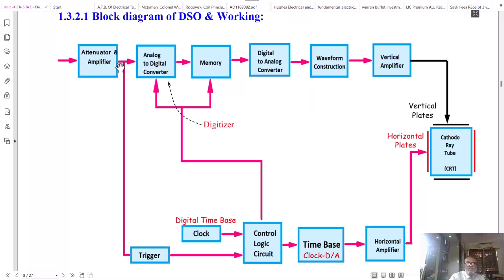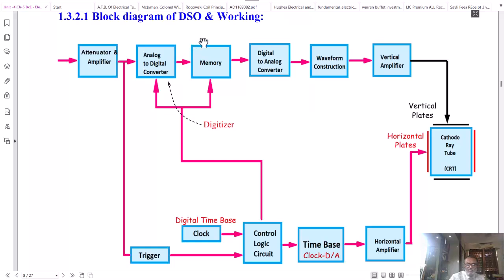The output of the attenuator is given to an analog to digital converter. The function of the analog to digital converter is to convert the analog signal from the amplifier to the corresponding digital value. ADC is basically a digitizer, and these digital values are stored in the memory.